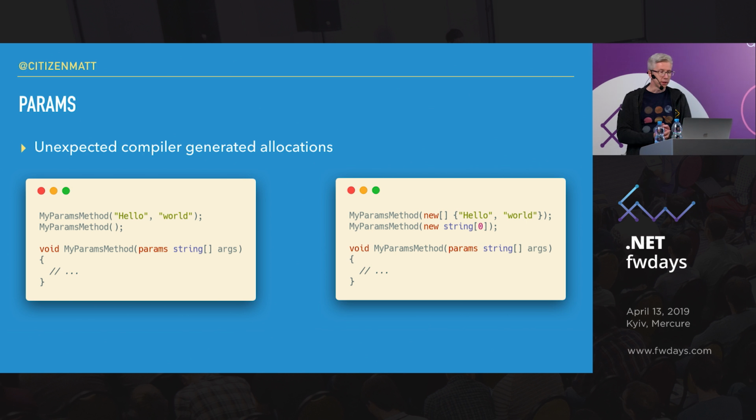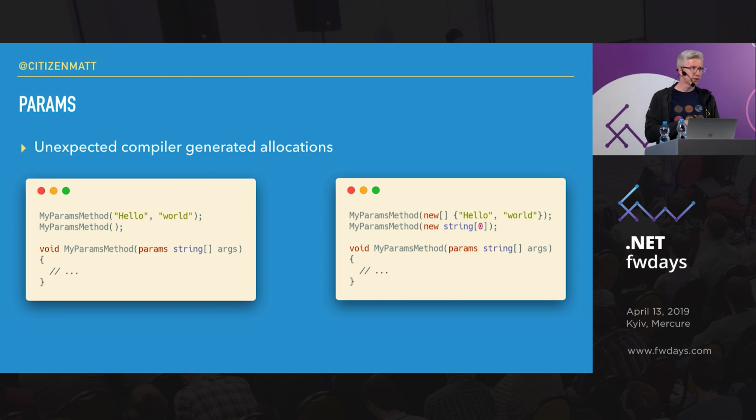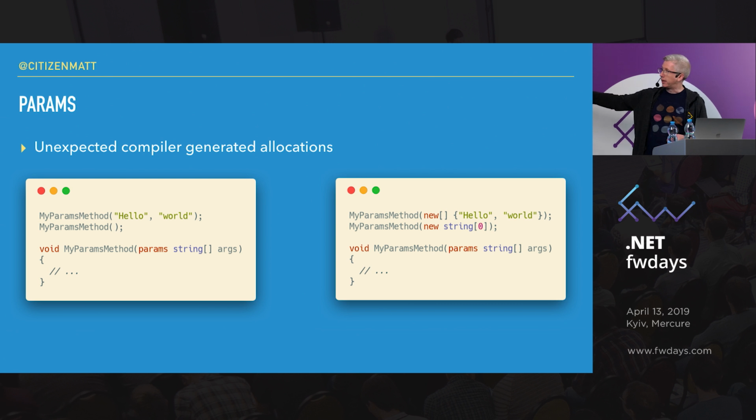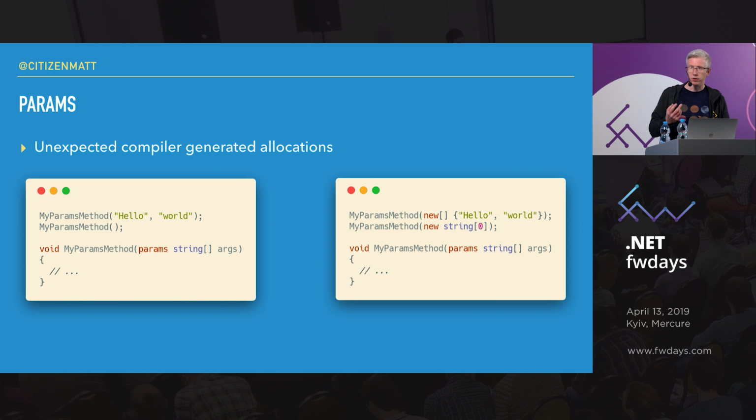Params. Params is a good one here, because it shows you that there are some unexpected allocations the compiler does for you. Things are happening where you don't necessarily see it in your code, but it's still happening. If you have a params method taking in a string array, you might be calling it with just 2 parameters, but behind the scenes, the compiler is allocating an array for you.